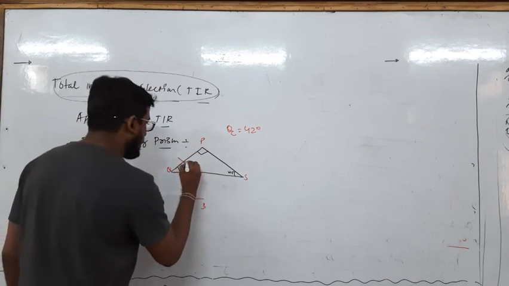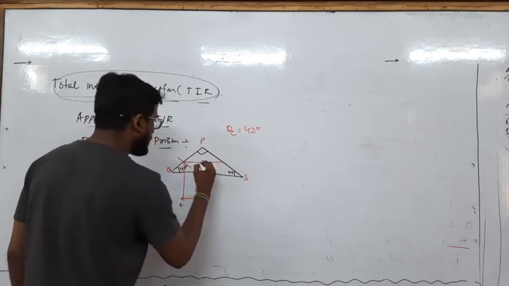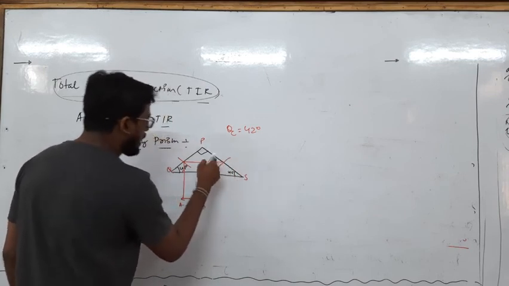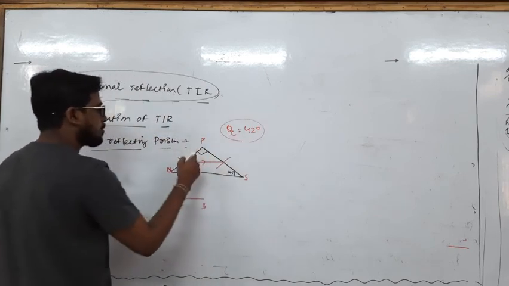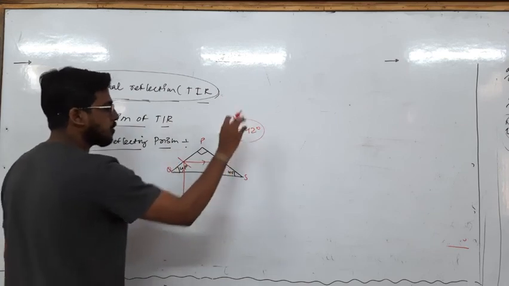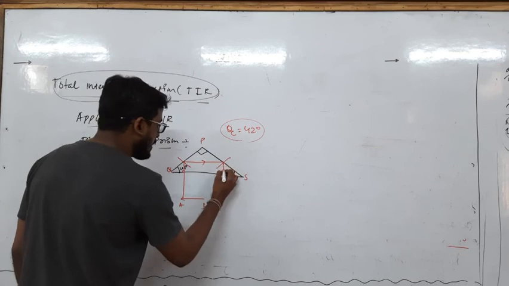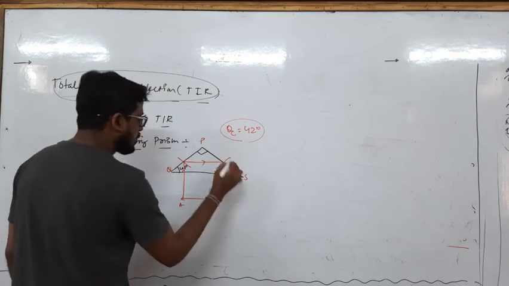So it will be deviated and pass like this, and at the same interface it will again be incident at an angle more than the critical angle, so it will again get deviated and return back to the same medium.